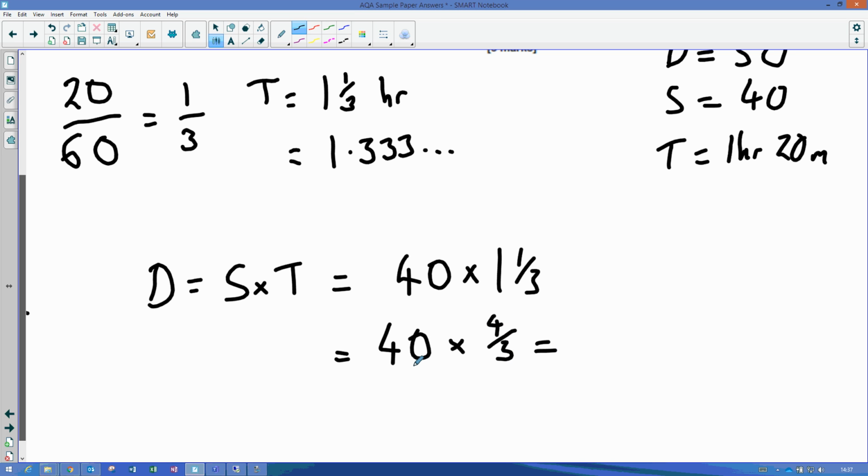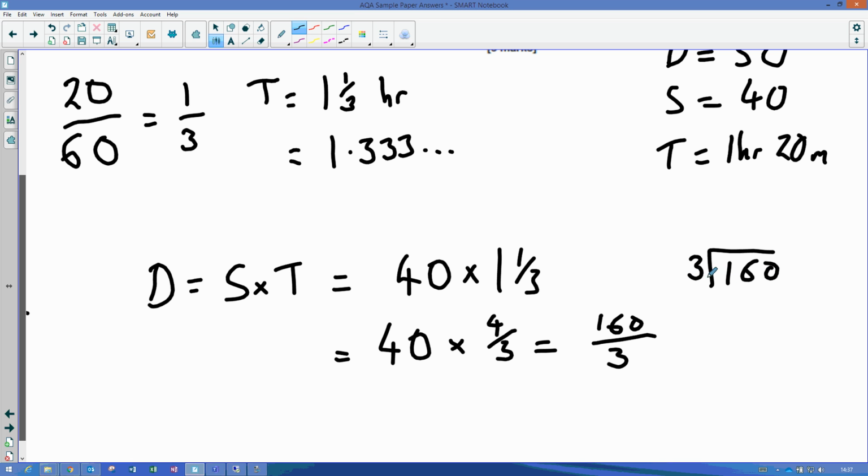Now we've got a sum we can actually do. 40 times 4 is 160, and we've got that over 3. This is just a division sum, so we can do that.